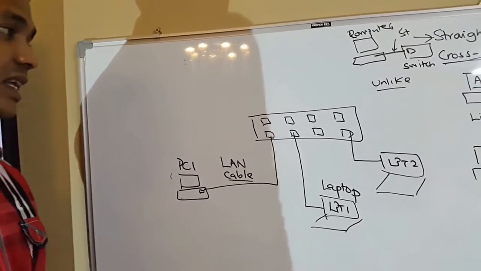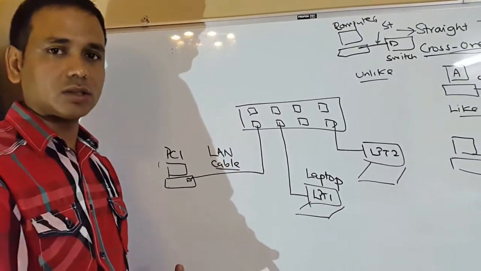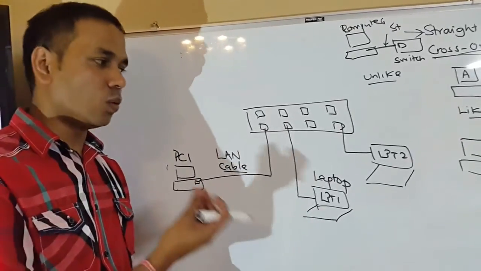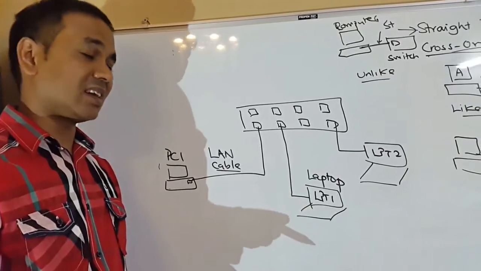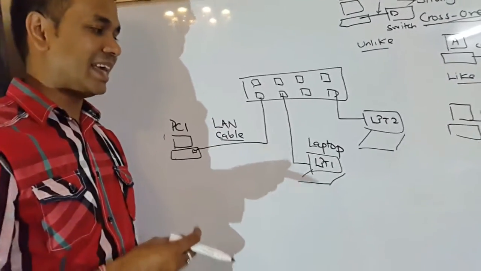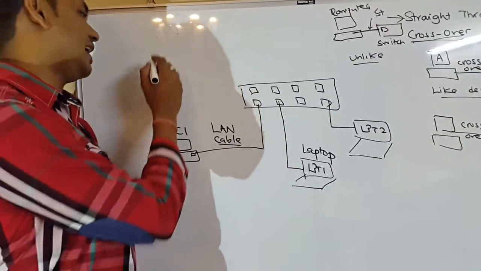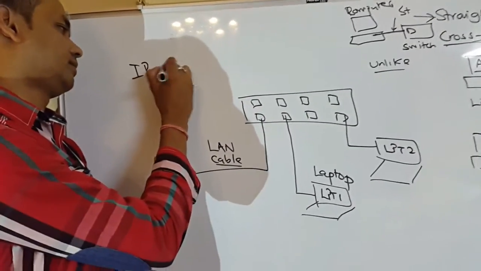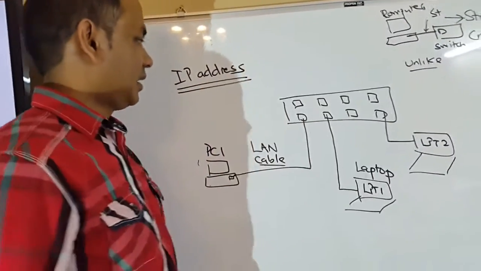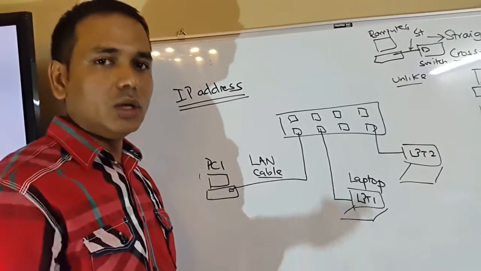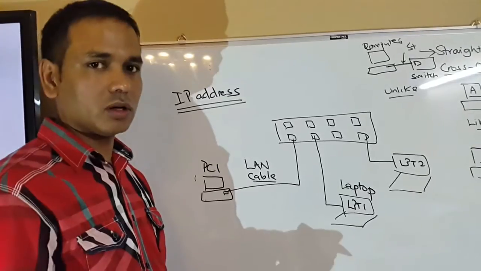Now what you need to understand is that if you connect all those three devices to a switch, they won't start to communicate automatically. What you need to understand is that on a network, each device needs what we call an IP address. An IP address is a unique identifier used to identify a host on the network.